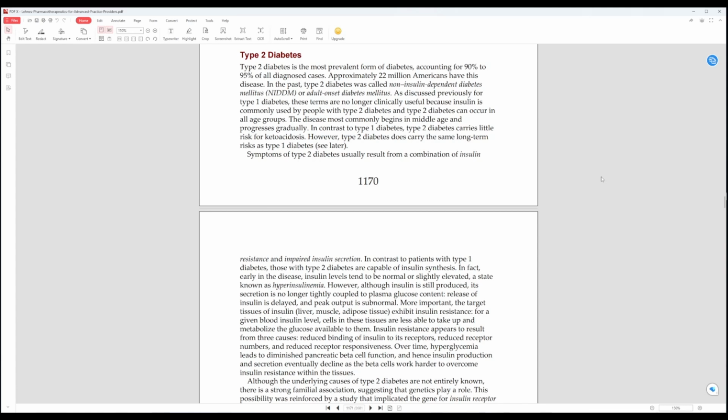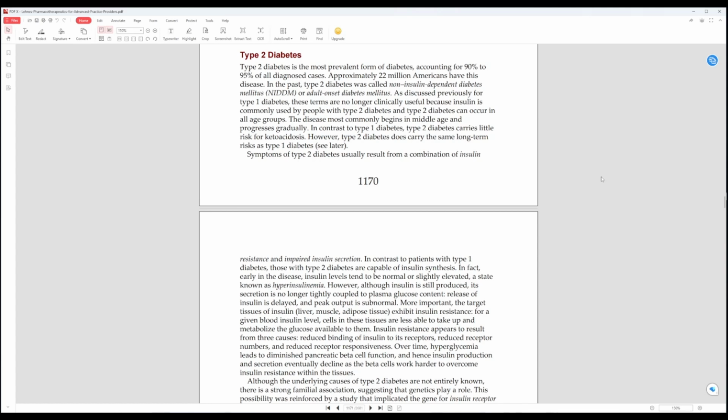As discussed previously for type 1 diabetes, these terms are no longer clinically useful, again because insulin is becoming more commonly used in people with type 2 diabetes. And again, type 2 diabetes can occur in all age groups. The disease most commonly begins in middle age and progresses gradually.